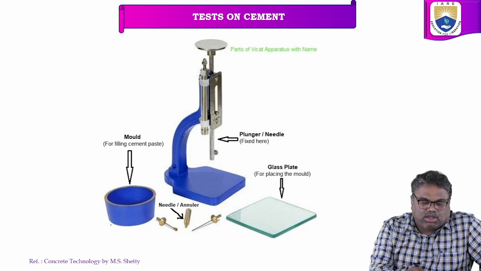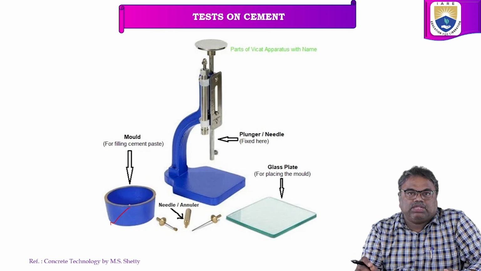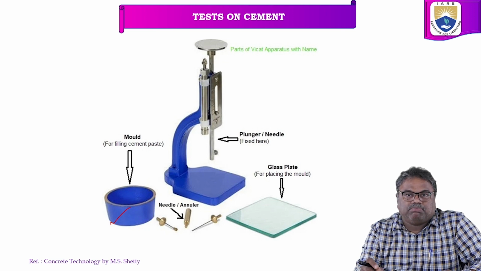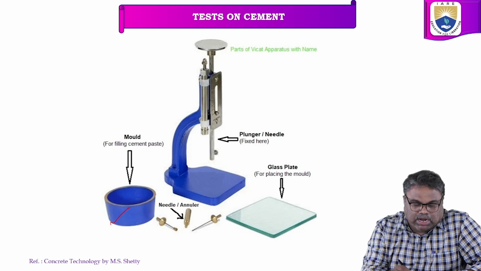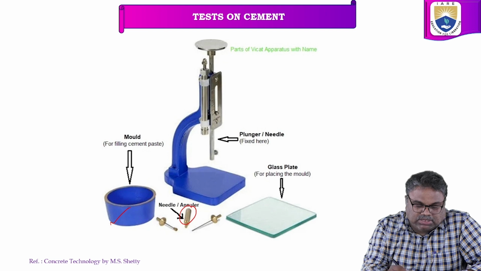We'll have the mold, so we have to take the sample with this mold, and this is the plunger. That's what we have discussed, and this is the needle for the initial setting time.